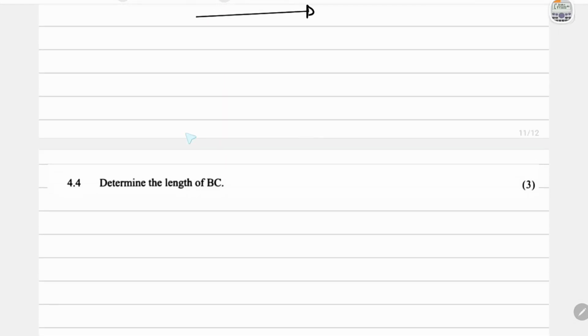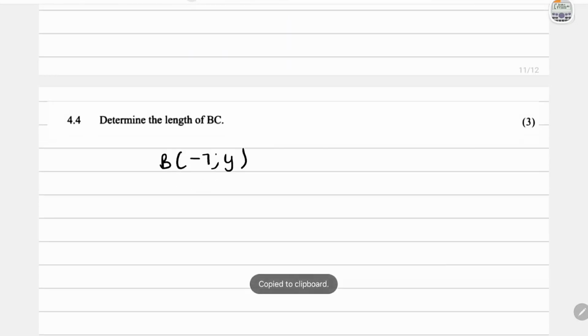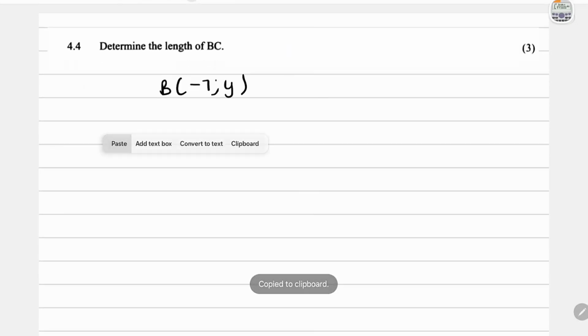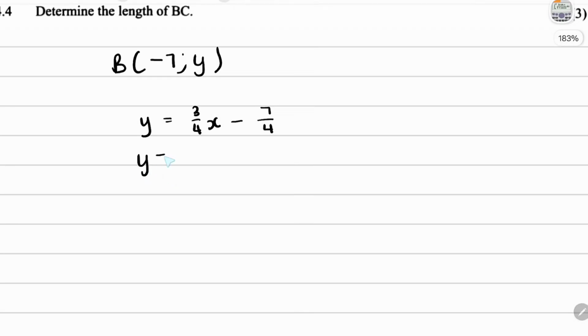So I'll first of all tell them that I found that the x coordinate of B was -7, right? And I have the equation of that line that we just found, that AB. So I'm just going to substitute to find the y value. So we're saying y is equal to 3/4, and in place of x, we're substituting our -7.